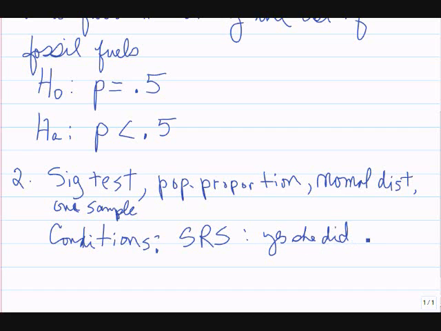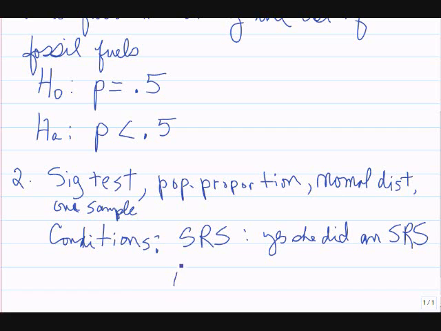Do you just assume it's normally distributed because there's 559 people? No, we don't have the central limit theorem here. We're going to use a normal distribution with our significance test rather than a t distribution.